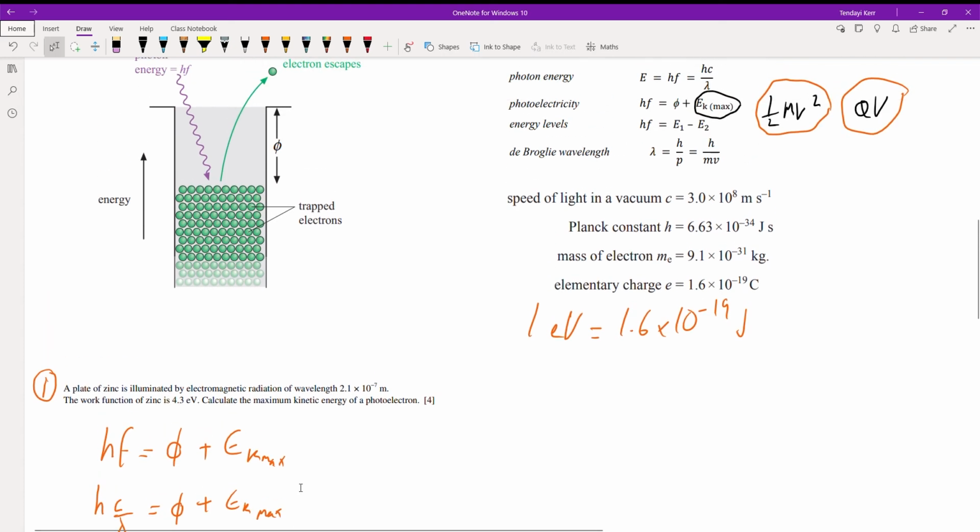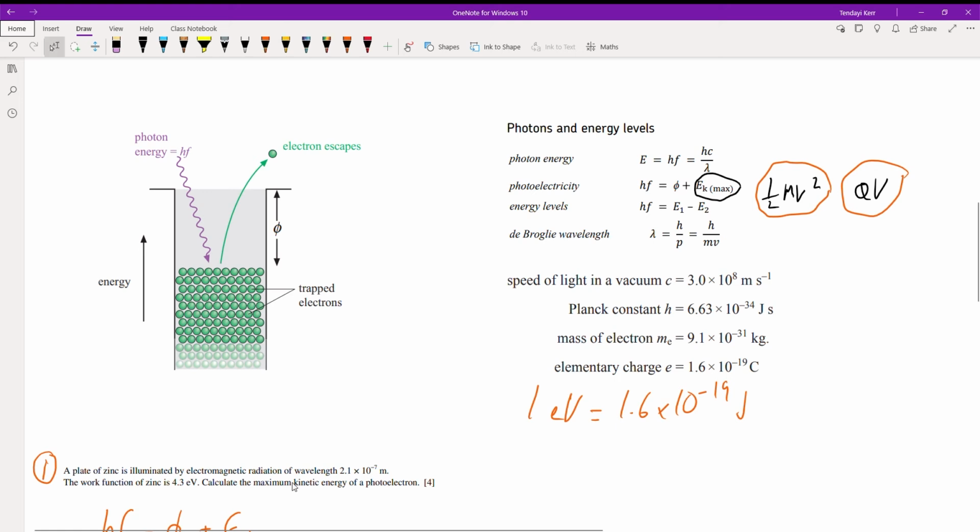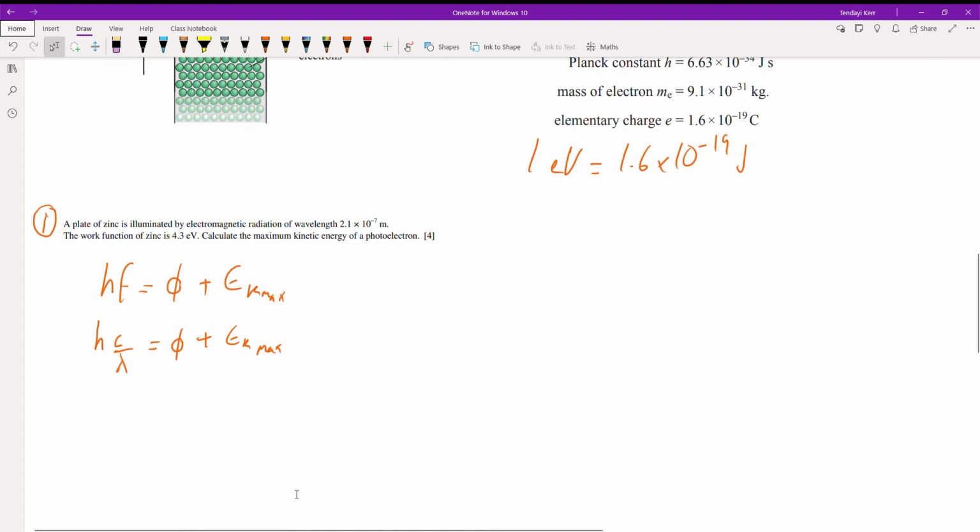So that's just using that form here on our photon energy levels, this bit here. And we want to find the kinetic energy, so we're going to rearrange this formula in terms of the kinetic energy. So EK max is equal to hc over lambda minus the work function.